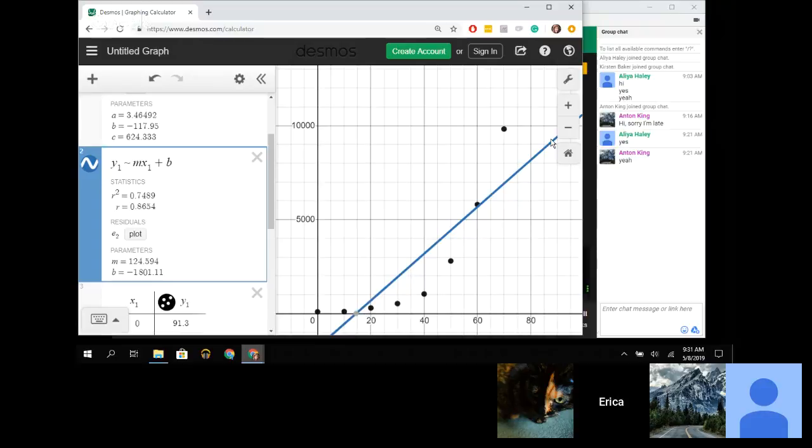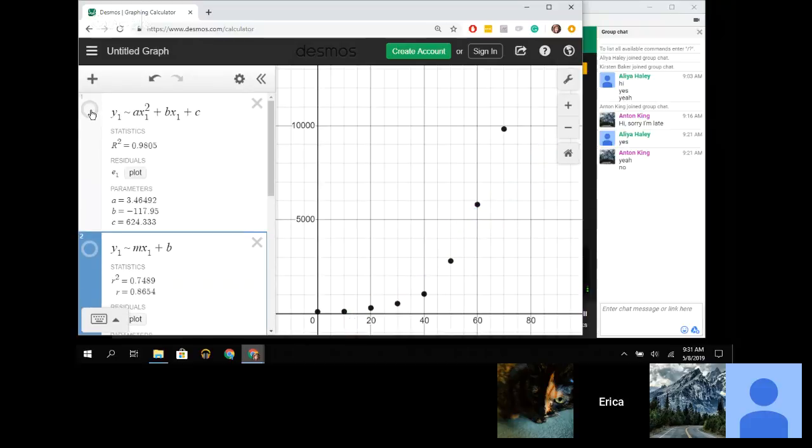Do you think this line best fits my data? Nope, bad, right? Not work at all. So let's try quadratic. Quadratic's not bad, right? I'm kind of missing this at the bottom though.